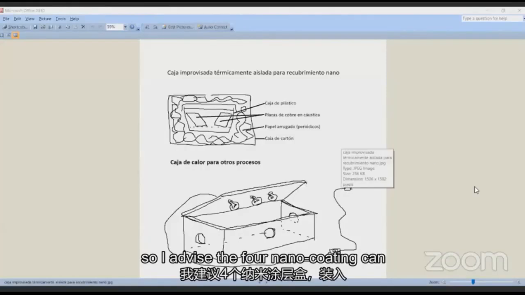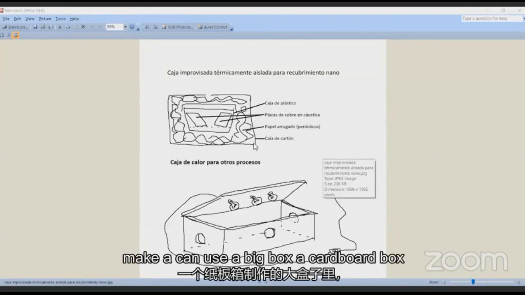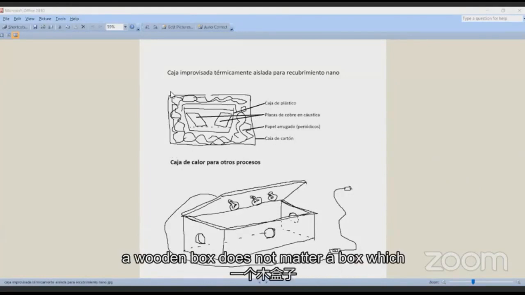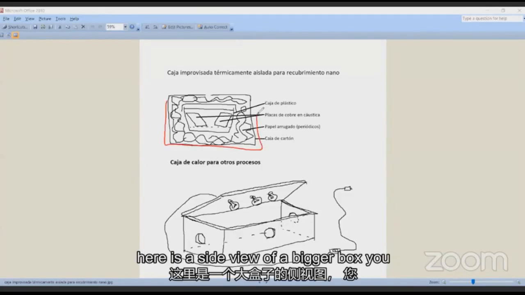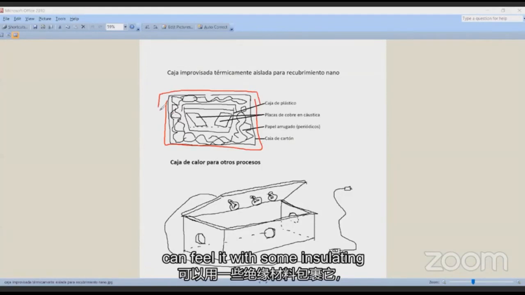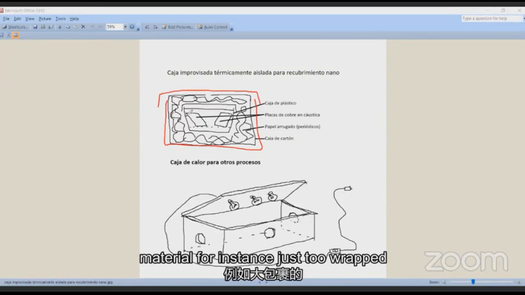So I advised for nanocoating you can use a big box, a cardboard box, a wooden box, it does not matter, a box which is bigger than the plastic container. Here is a side view of a bigger box. You can fill it with some insulating material, for instance just wrapped up old newspapers.